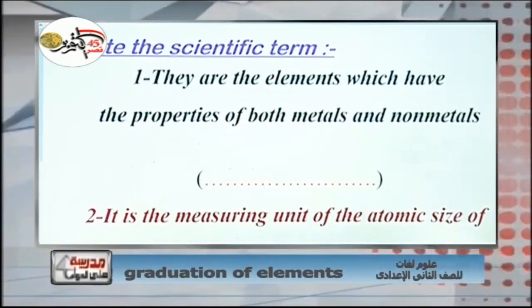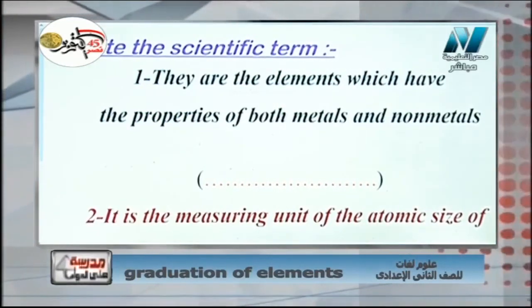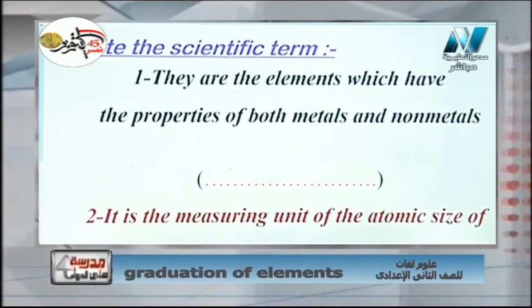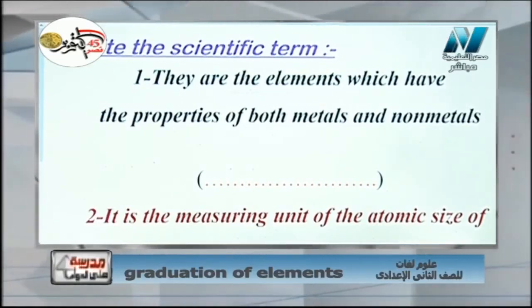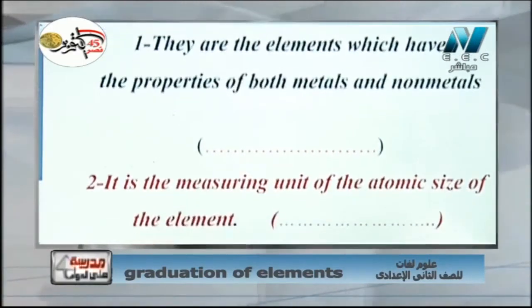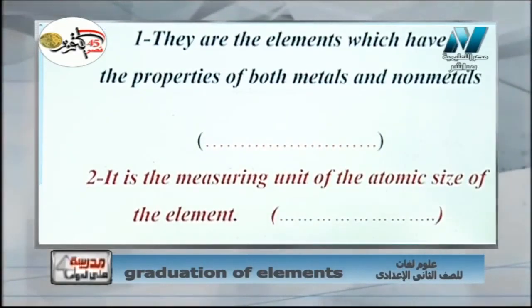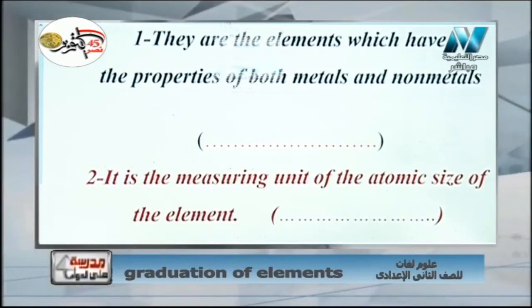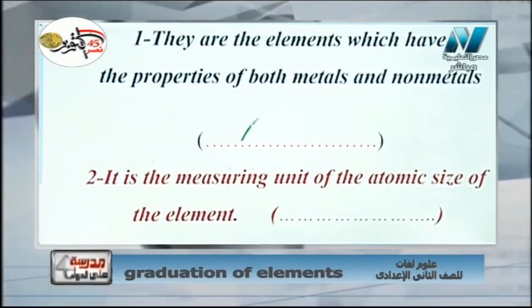Okay. Write the scientific term. آخر جزء معانا, as we have questions. Write the scientific term. Number one, they are the elements which have the properties of both metals and non-metals. As we have in the modern periodic table, these elements are called metalloids.